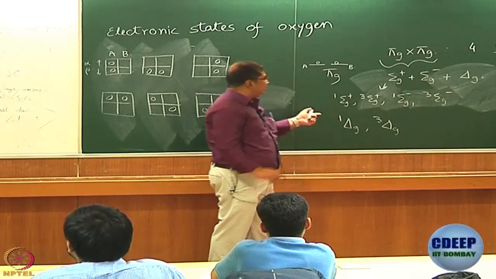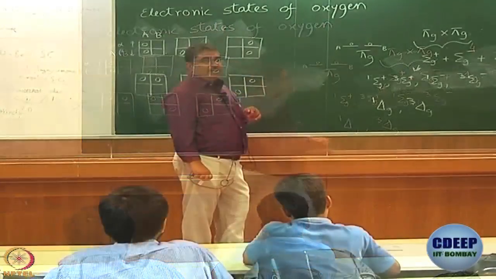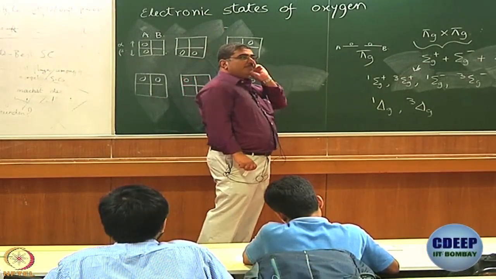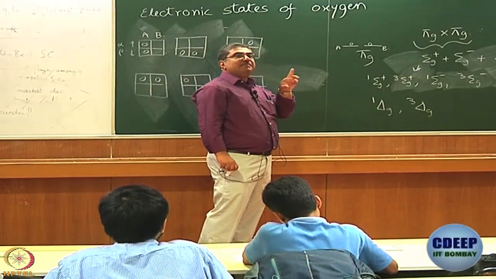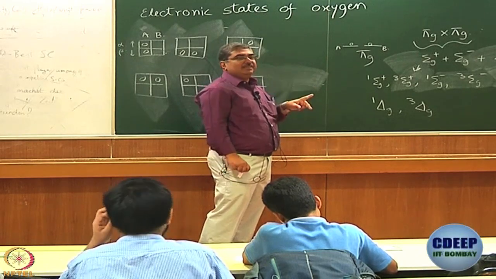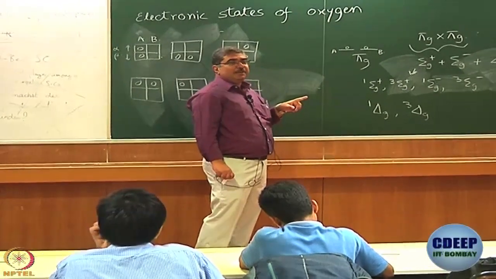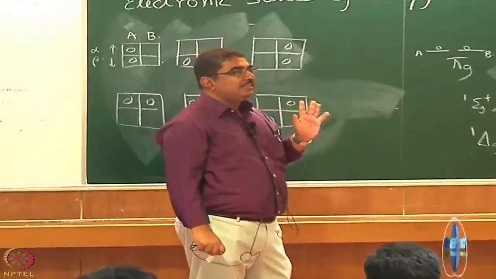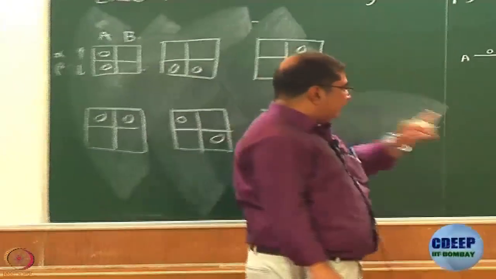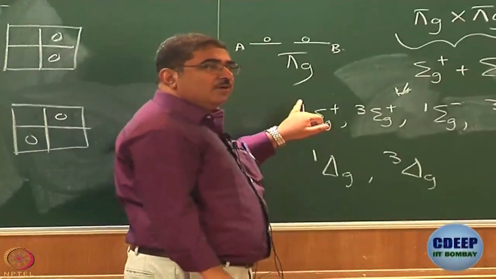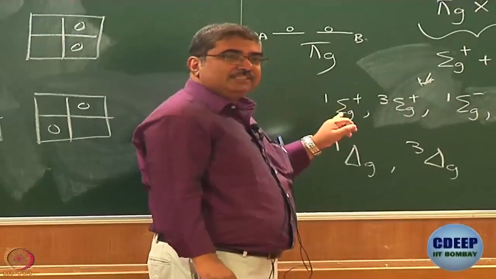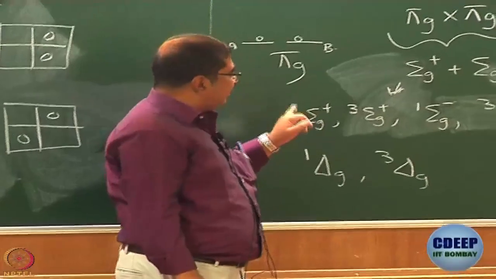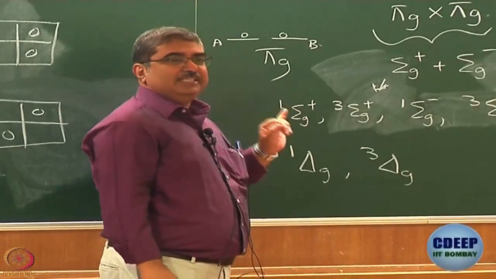So, let us see how many of these are antisymmetric, how many of these are symmetric. To do that, first of all, let us think singlet and triplet, which ones are symmetric, which ones are antisymmetric. The spin part, is singlet symmetric or antisymmetric? And triplet is symmetric, right. So, I should write singlet only with the symmetric space parts, I should write triplet only with antisymmetric space part.